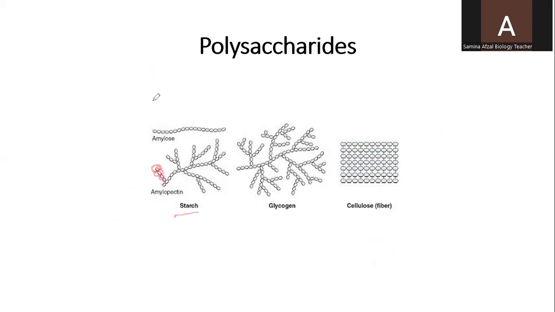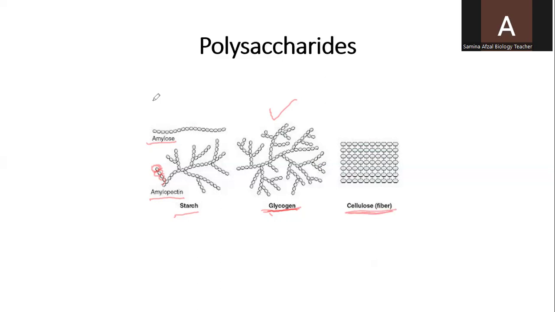The starch is a branched structure which is made up of amylose and amylopectin. So these are the specific type of branching system in starch. And in glycogen there is also branching, but this branching system is more complicated than starch. But in the case of cellulose, they are in the form of long chains.